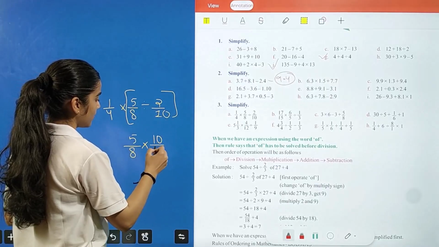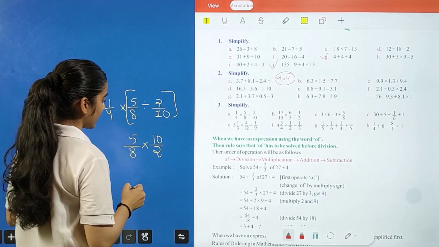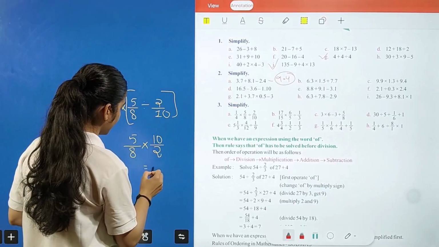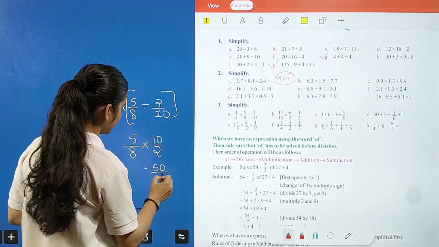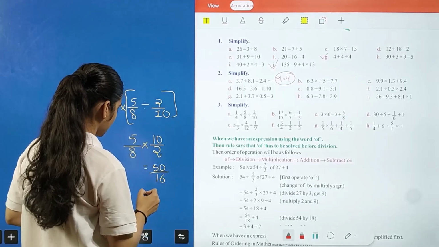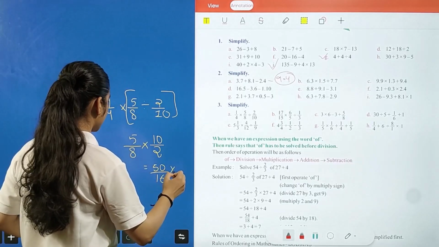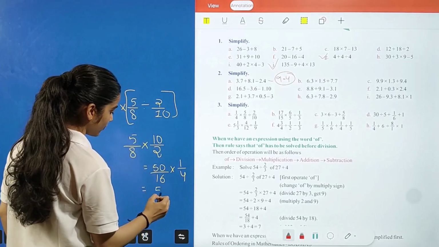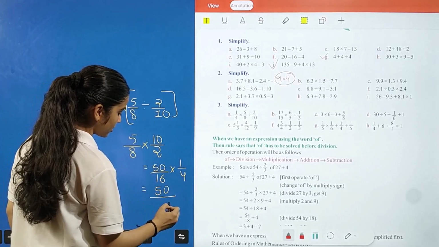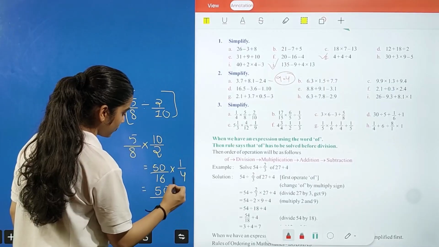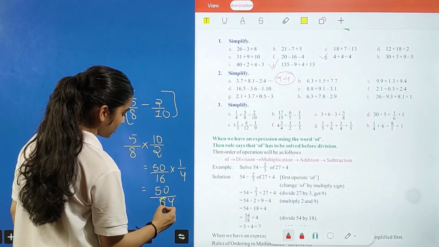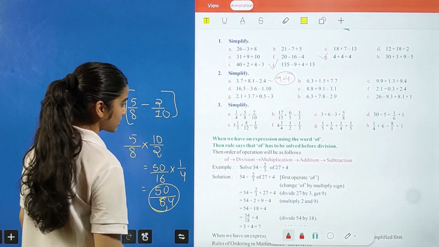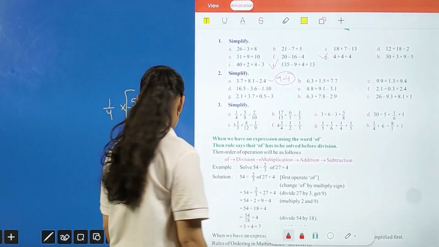So 10 by 2, right? So 50 upon 16, and this will be multiplied with 1 by 4. So 50 upon 64 is your final answer.